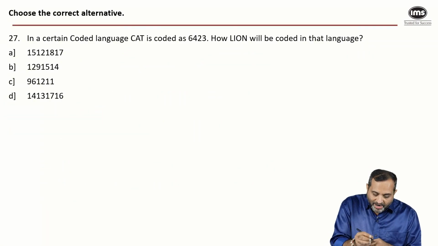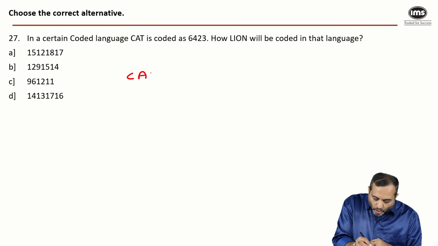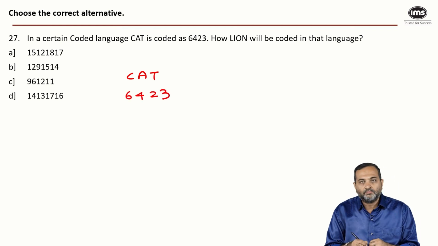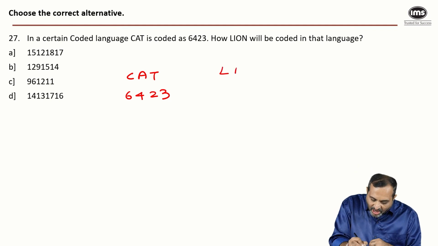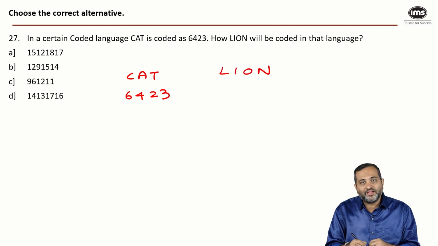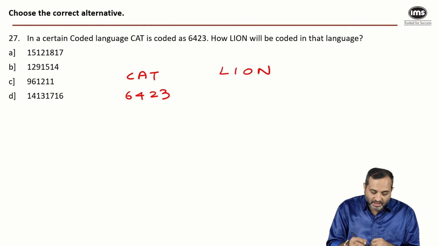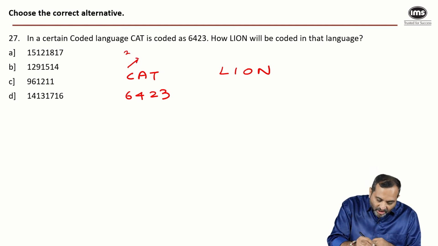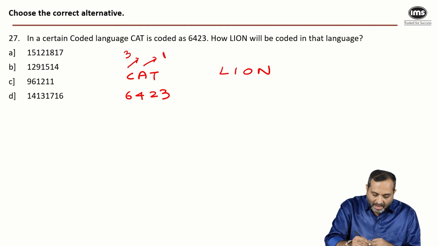In a certain coded language, CAT is coded as 6423. In the same language, how will LION be coded? So if you see, I know that C is the 3rd alphabet, A is the 1st alphabet, and T is the 20th alphabet.